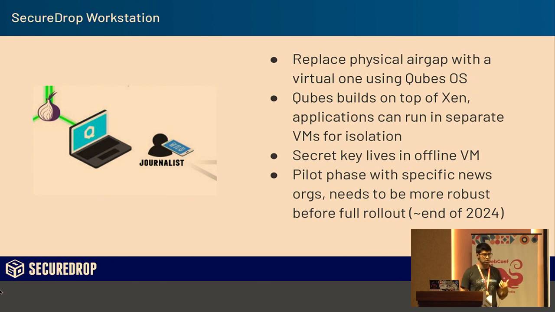So we're working on a system that replaces the physical gap with a virtual one, using an operating system called Qubes. Qubes runs on the Xen hypervisor, and the idea is security through isolation. Each application runs in a separate virtual machine. So this means that instead of needing a physical air gap for the decryption key, we can put it in a virtual machine that is offline and has no network connectivity.